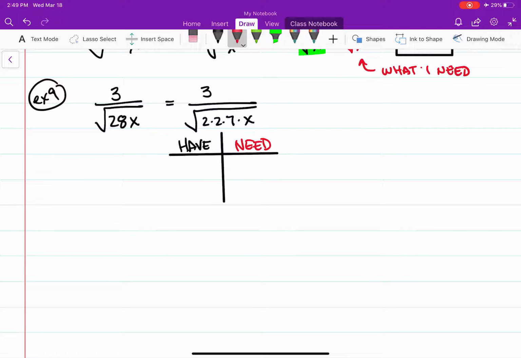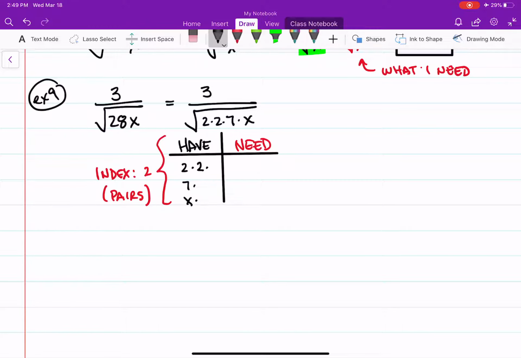Okay. And the whole thing is that my index is a 2. Okay. So I need pairs. Right. So what do I have? I have 2 2s. I have a 7, and I have an x, right?